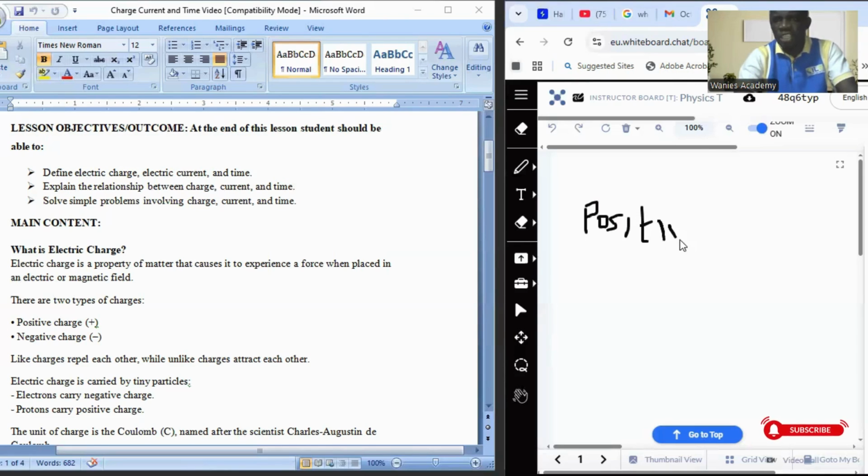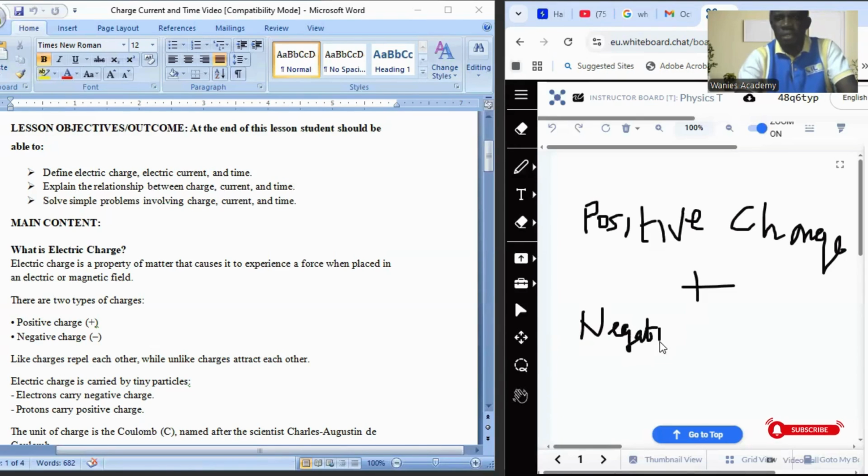Then we have the negative charge. Now, there's a law that governs the way charges behave. It is known as the law of charge.